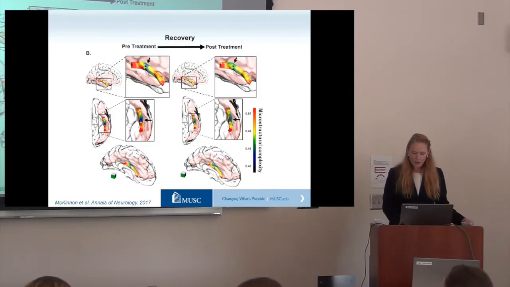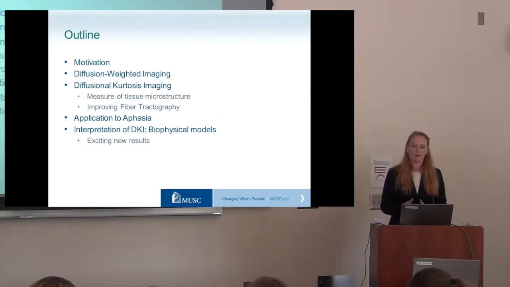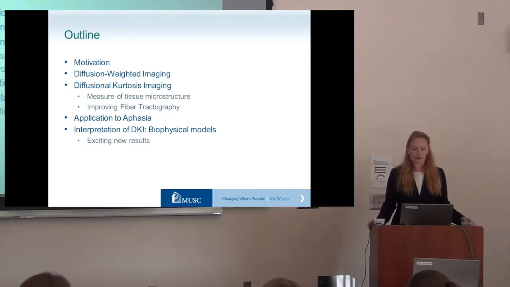So I hope these results kind of got everyone's attention, and then in our talk, I'll be going through the methods that we used to do the study and how we managed to get such exciting results.